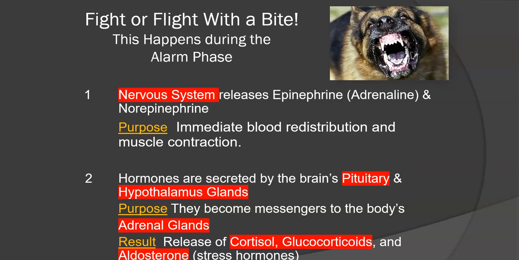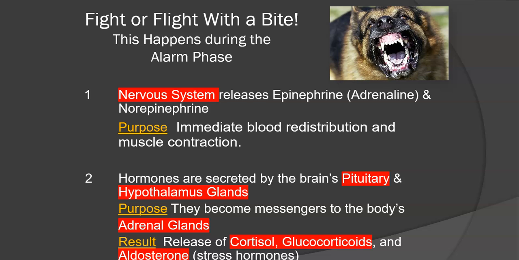They're small glands that sit on the top of your kidneys. So anyway, the hormones secreted by the pituitary and hypothalamus become messengers to the body's adrenal glands, and that results in the release of more stress hormones.